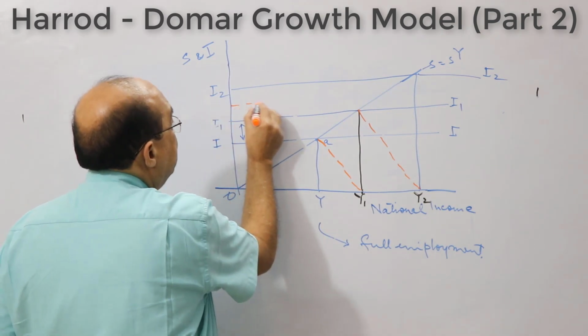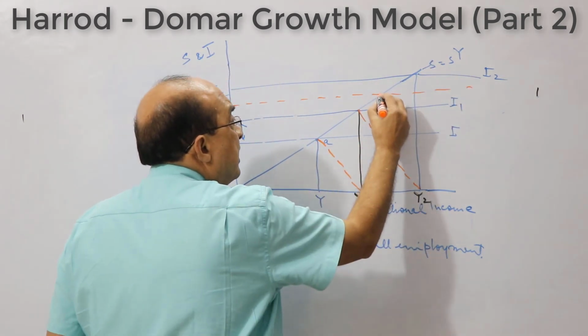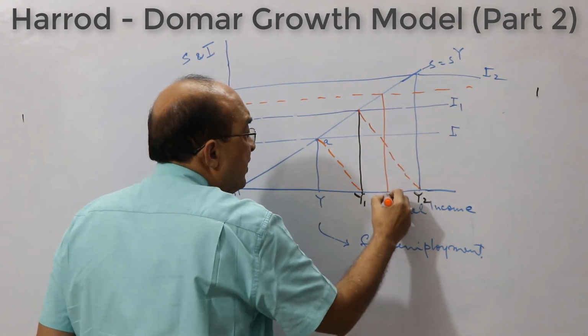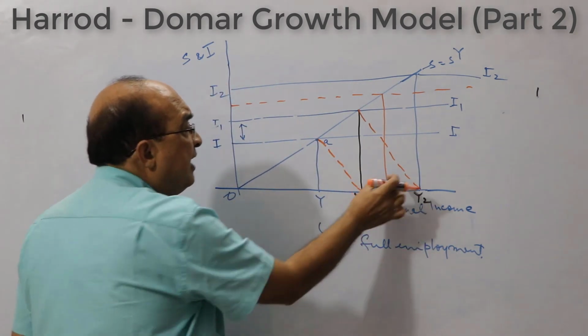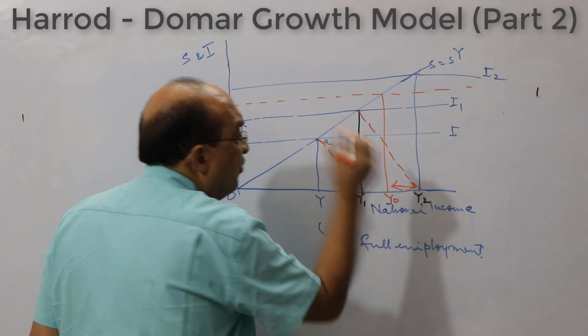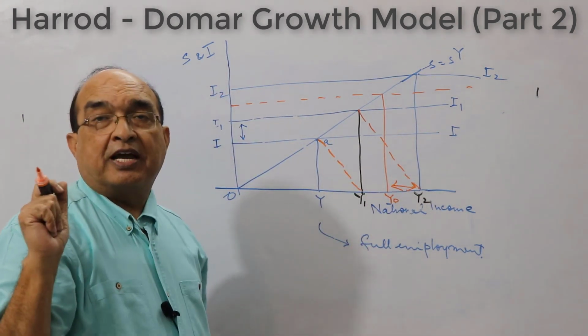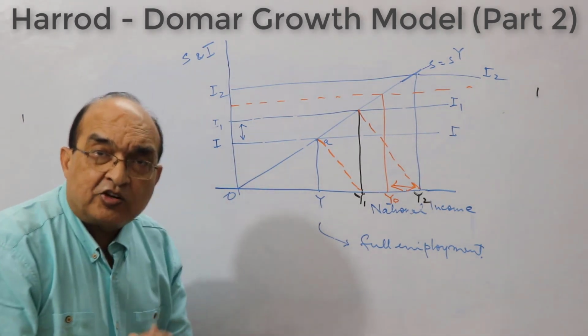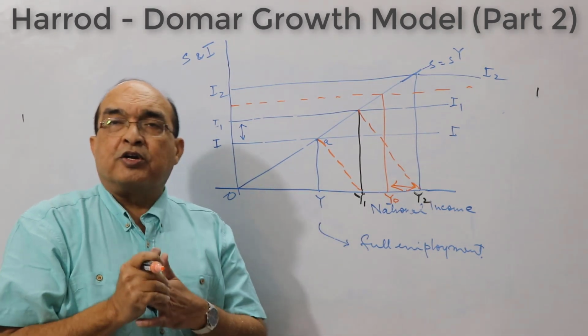Suppose investment increases only by this amount. What will happen? That means output will grow only by this, and this part will remain unutilized. This productive capacity, the already installed capacity, will not be utilized for output.